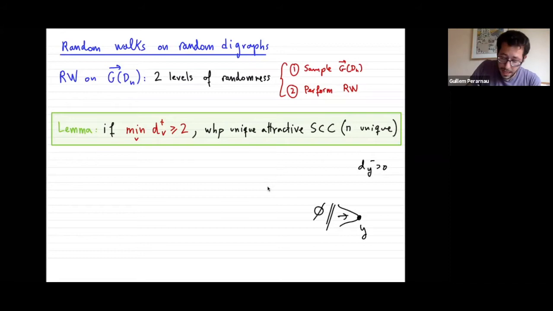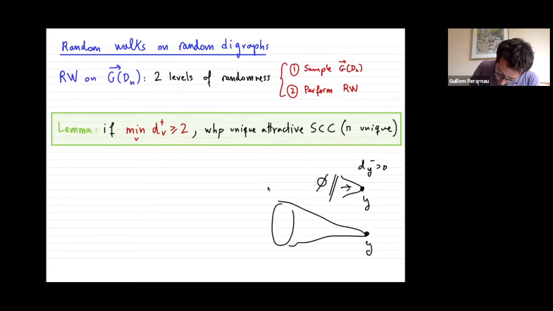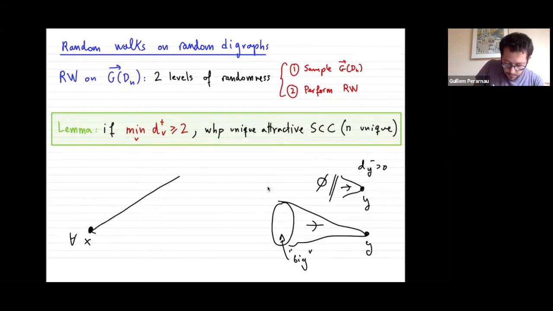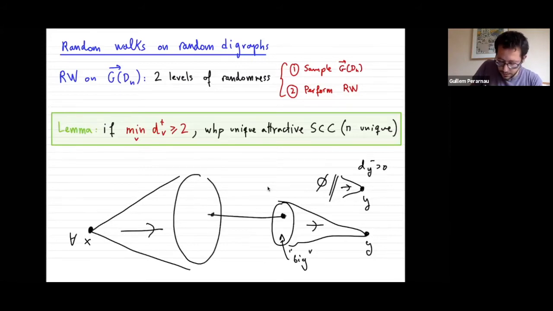But if you manage to have this in neighborhood for a while and it becomes big at some point, then because of the out degree at least 2, for any vertex x, you're going to have out expansion. You're going to out expand, and at some point you will have an edge connecting the out neighborhood of x with the in neighborhood of y, and this means that you will be able to go from x to y. And since you will be able to do this for every x, then this y will belong to the strongly connected component.